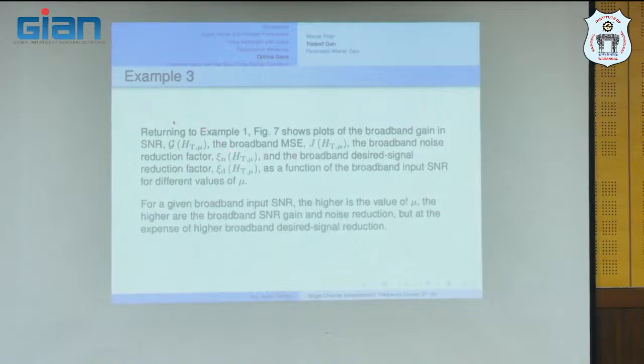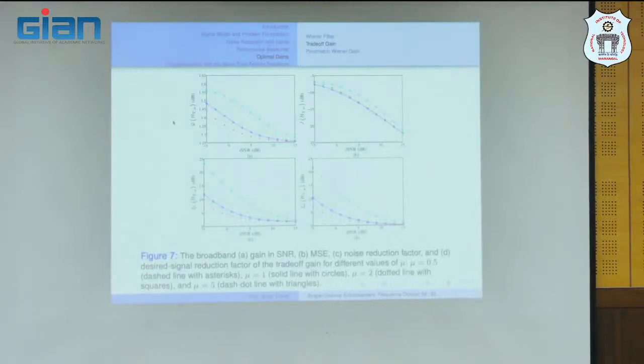Let's see plots of the gain in SNR using the trade-off filter, the MSE, the noise reduction factor, and the desired signal reduction factor for different mu. Mu equals half, 1, 2, and 5. Red is half, blue is like the Wiener, mu equals 1.